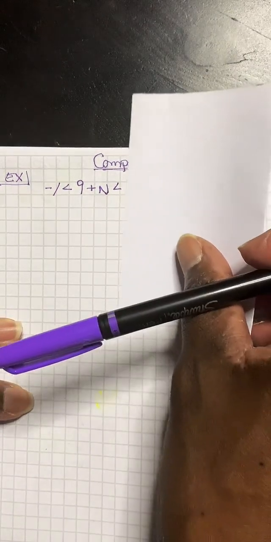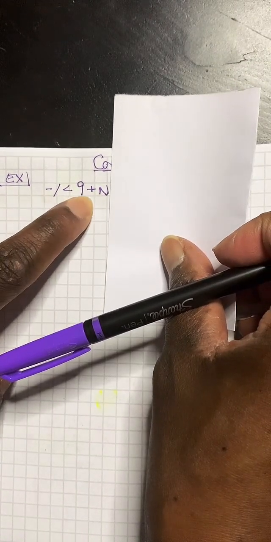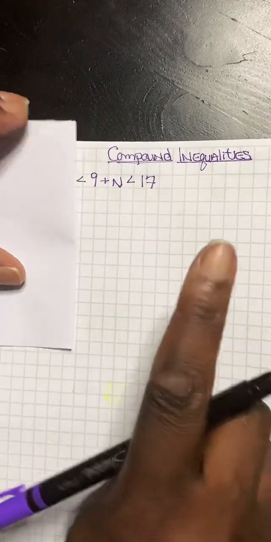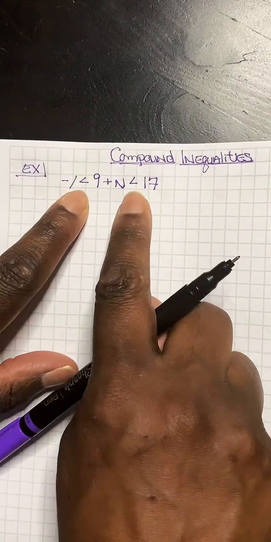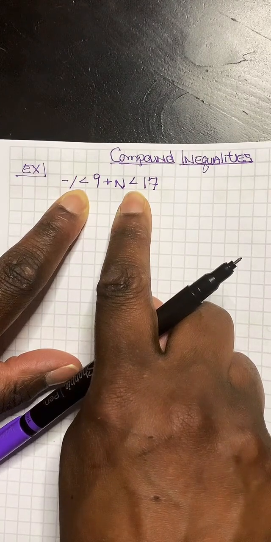If I cover this side up, I have -1 is less than 9 plus n. If I cover this side up, I'll have 9 plus n is less than 17. Here's a tip, really: your inequalities should always go the same direction.